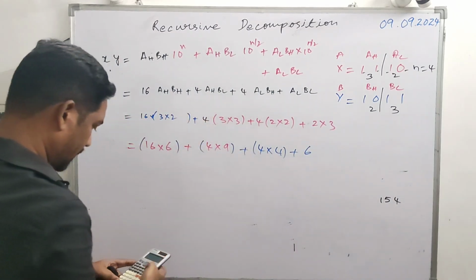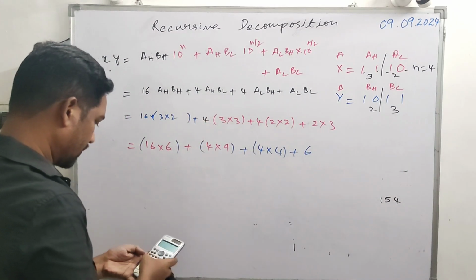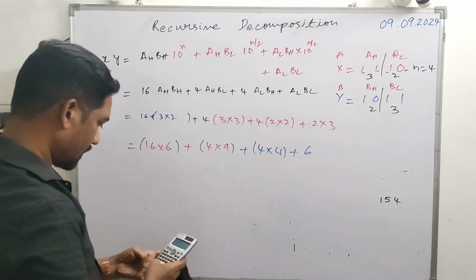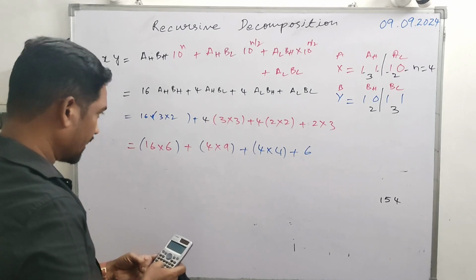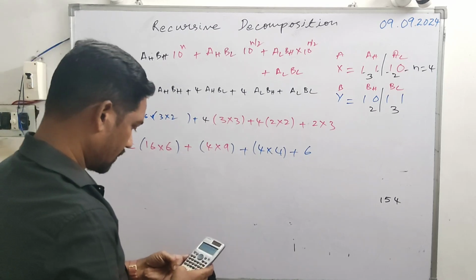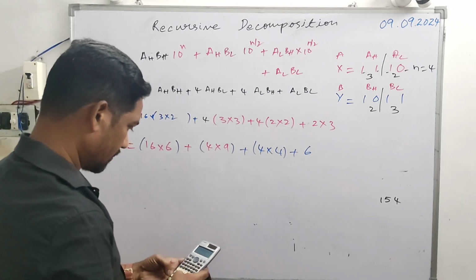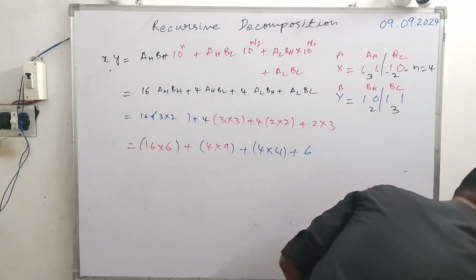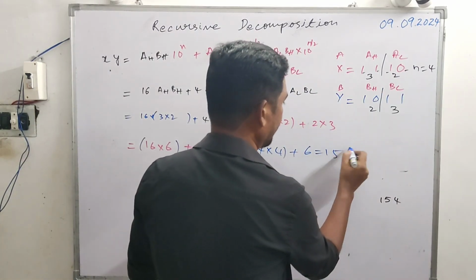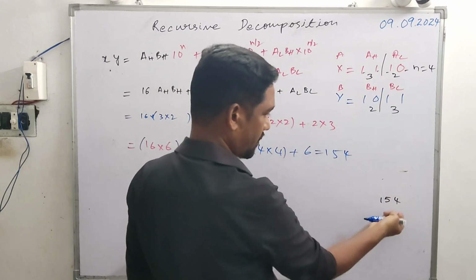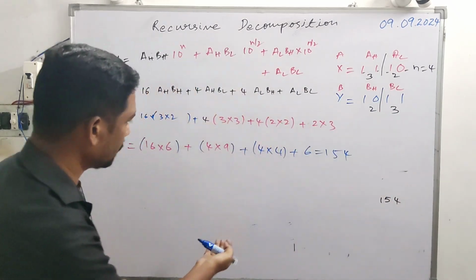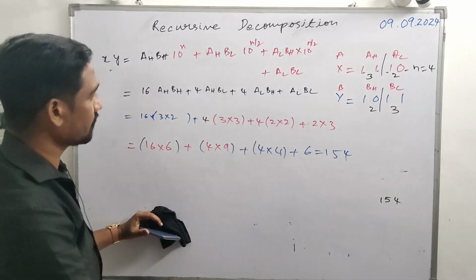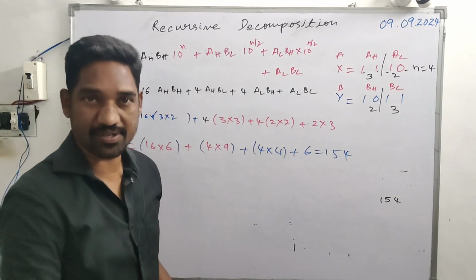Hold on, yeah, almost we are done. 16 into 6 plus 4 into 9 plus 16 plus 6. Yeah, the answer is here, 154. The binary decoded was 154, and even with the decomposition it's 154. This is how recursive decomposition is obtained in recursive multipliers.